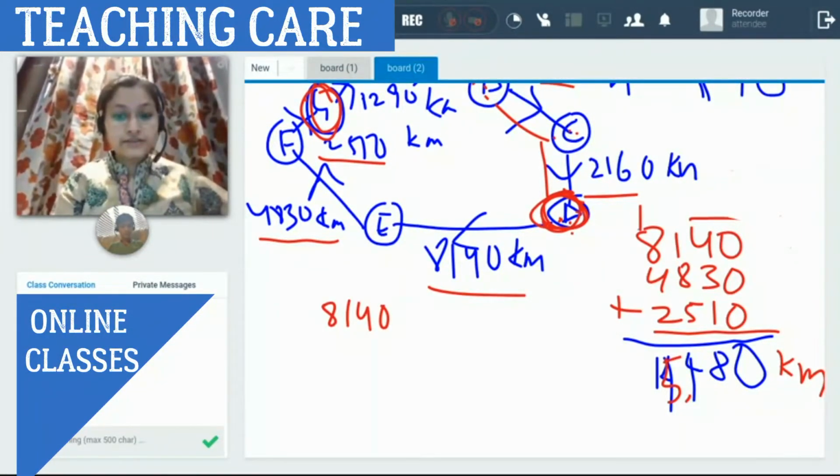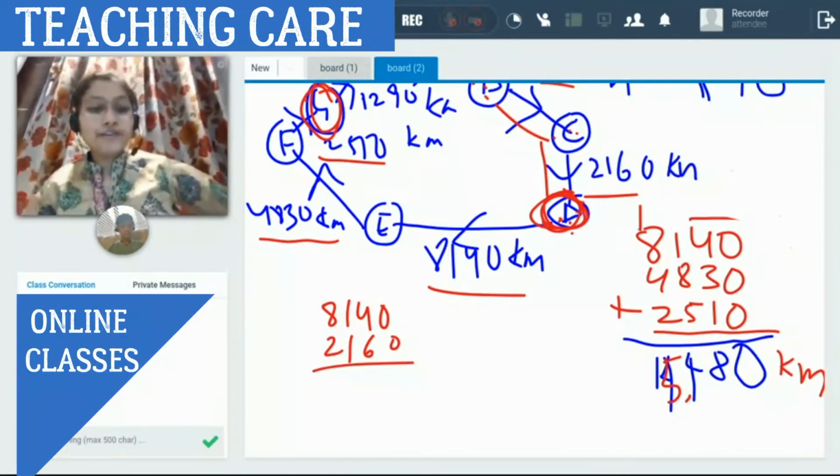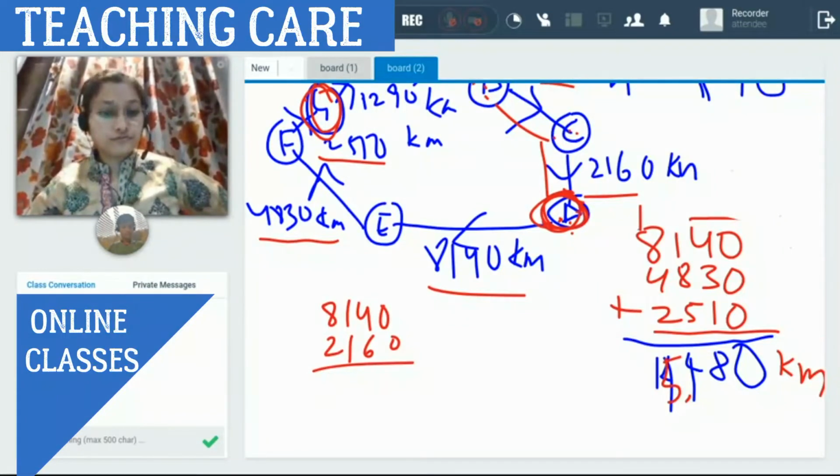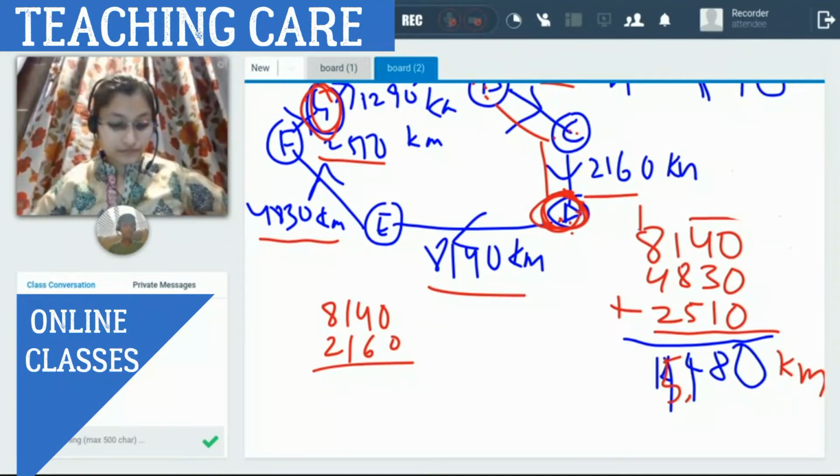Between D to E it is 8140 and C to D it is 2160. So I'm asking you to find the difference between these two. We're subtracting, yeah, we need to subtract them. What will be the answer on getting it subtracted?